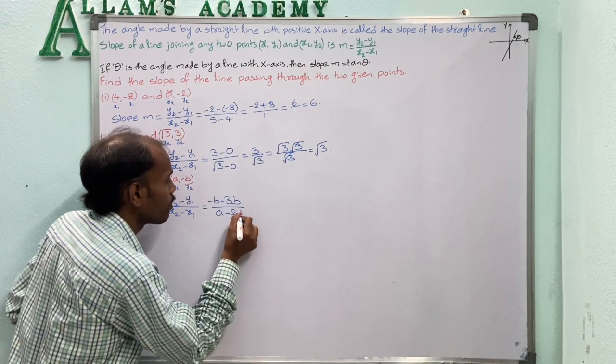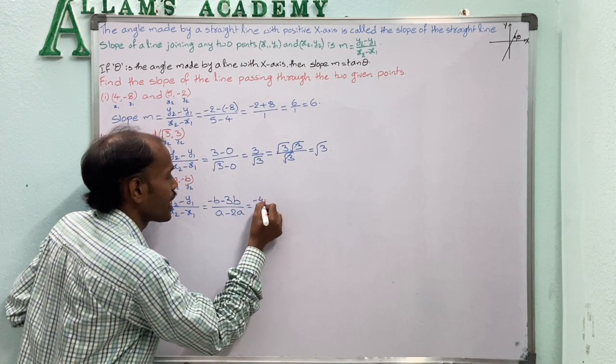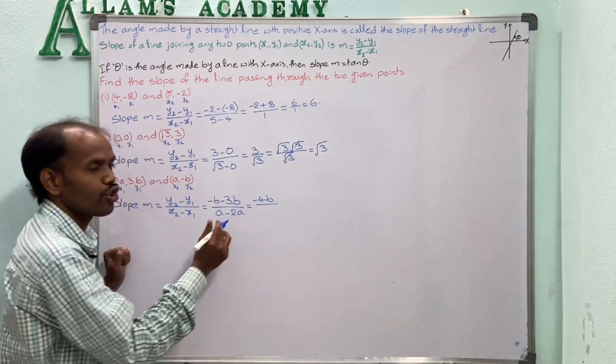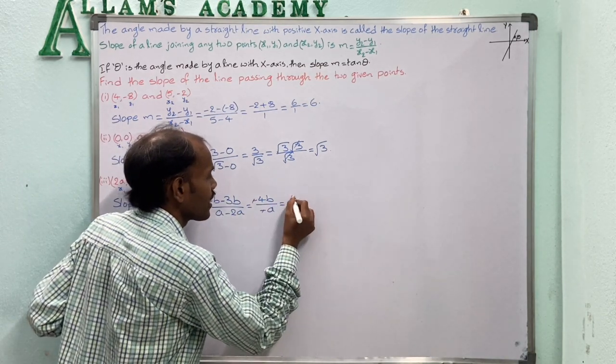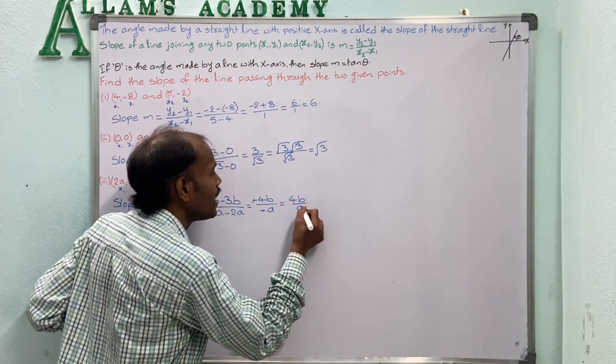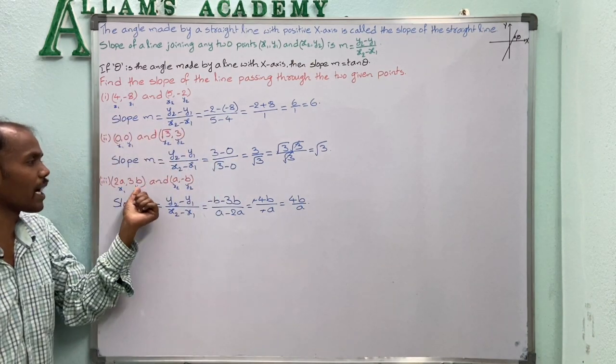So -b minus 3b is equal to -4b, a minus 2a is -a. So minus minus gets cancelled, that equals 4b by a, which is the slope of the points (2a, 3b) and (a, -b).